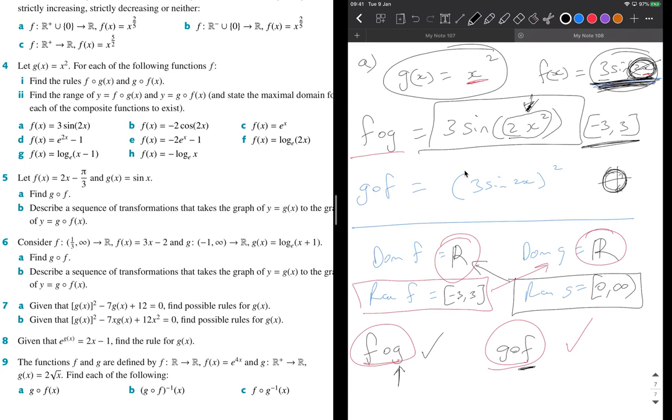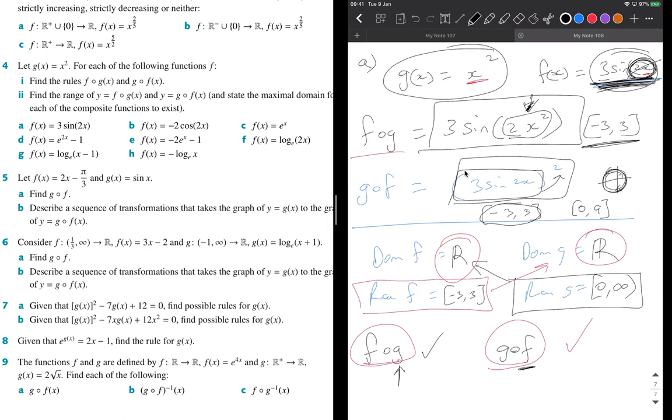And for this one, we're going to get all of our y values that we would here. So this one's -3 to 3, but this time they're all going to be squared. So if we think about what the result of squaring this interval would be, 0 would be the smallest we would get, and 9 would be the largest, because -3 squared is 9, and +3 squared is 9.